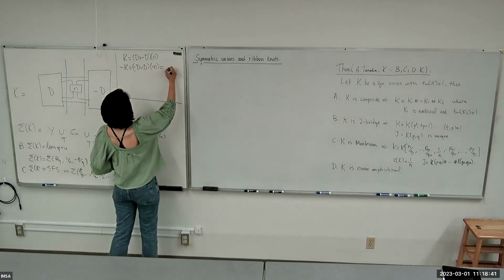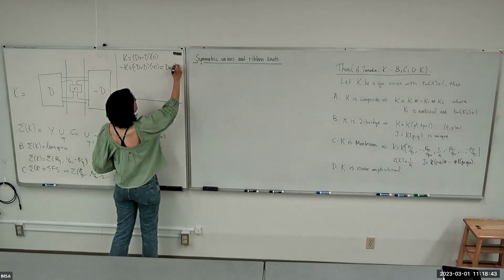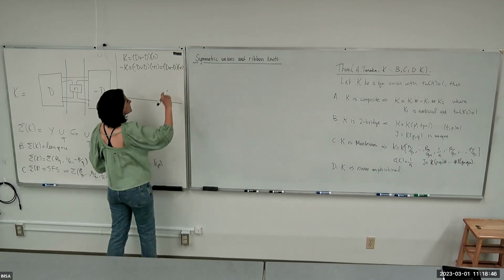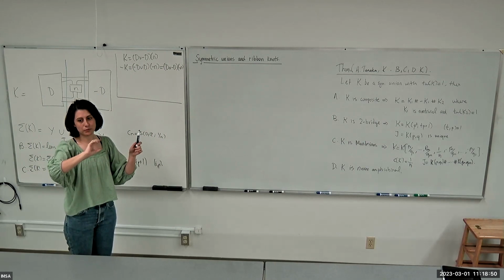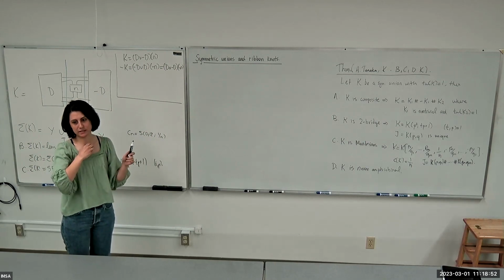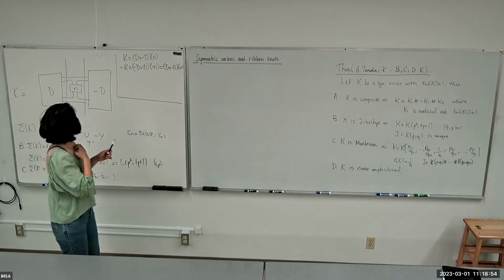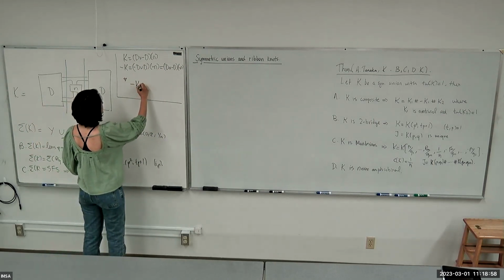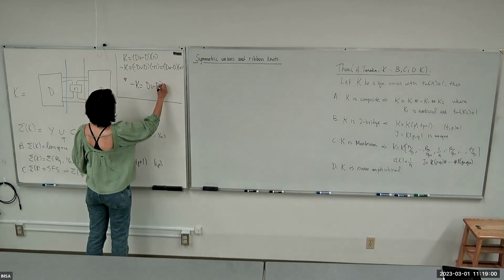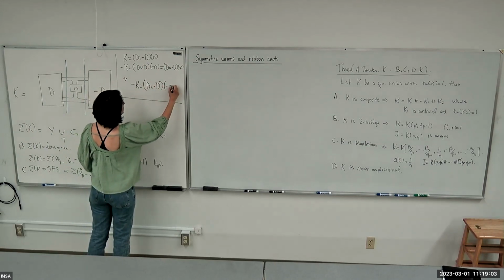So this is basically the same symmetric union frame, but now instead of putting n-twist, you put negative n-twist. So the mirror of K is the union D with negative n.